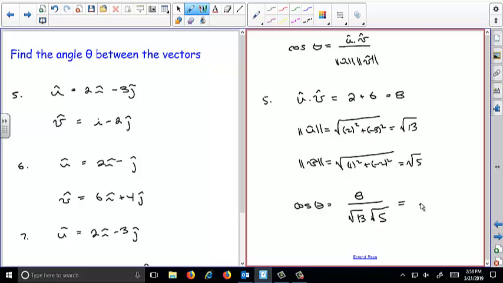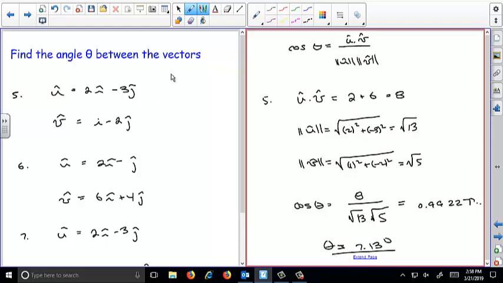So that's 0.992277, and so on. Okay, so theta is the inverse cosine of that. So we take the inverse cosine of the answer, and we get 7.13 degrees.